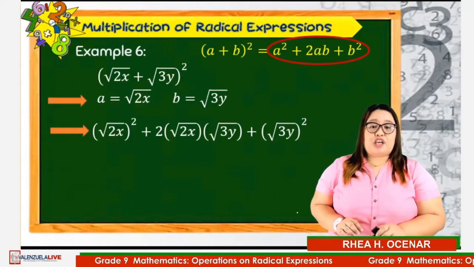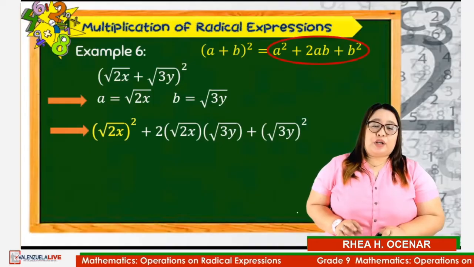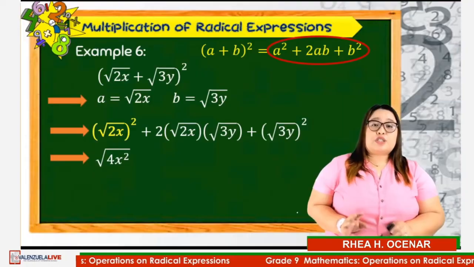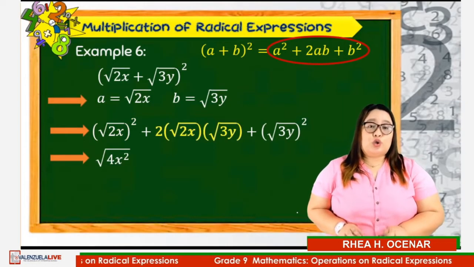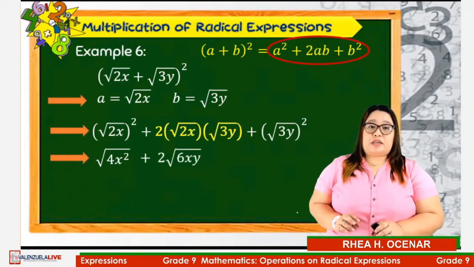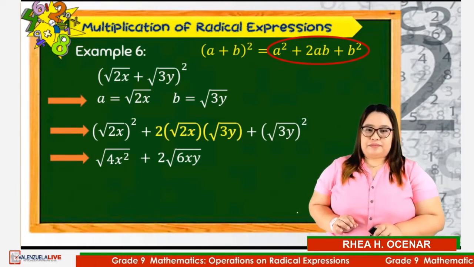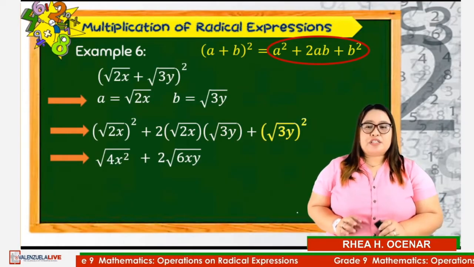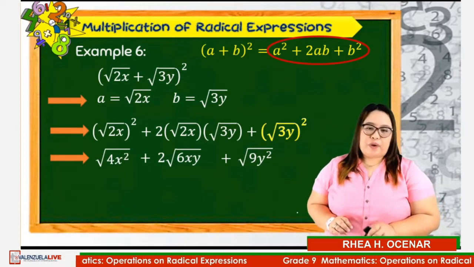By simplifying each term, we have the quantity square root of 2x squared is equal to square root of 4x squared. 2 times square root of 2x times square root of 3y is equal to 2 square root of 6xy. The quantity square root of 3y squared is equal to square root of 9y squared.